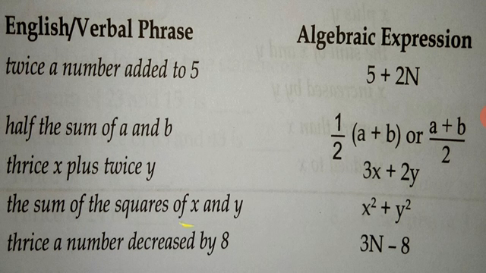So x squared and y squared. x squared plus y squared. Thrice a number decreased by 8. Thrice, a number, let's say it is n, so 3n. Decreased is subtraction, minus 8. 3n minus 8.